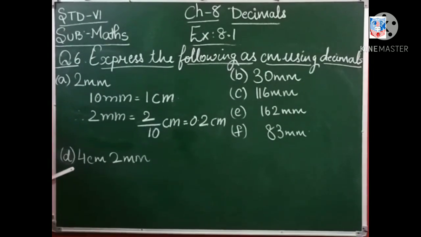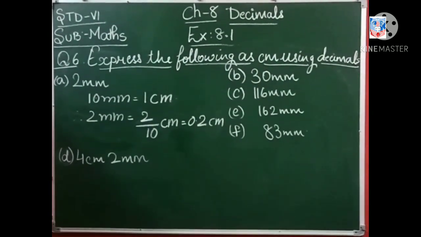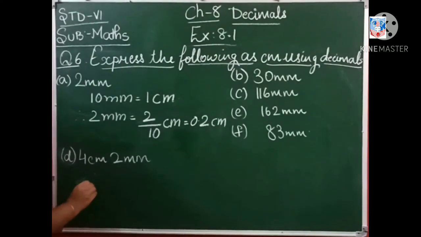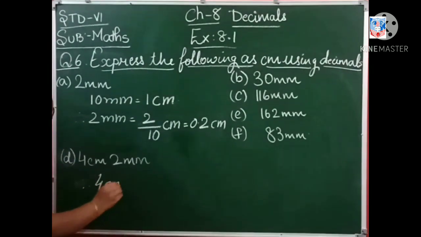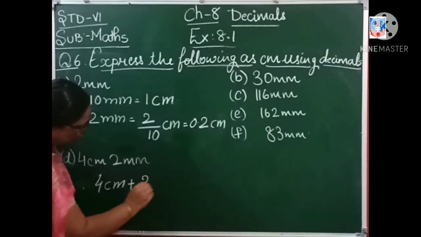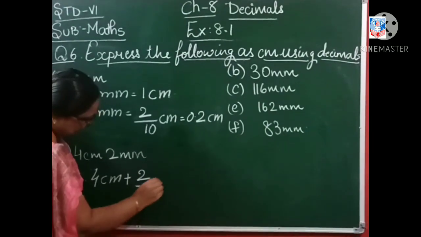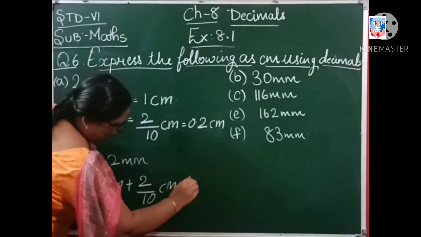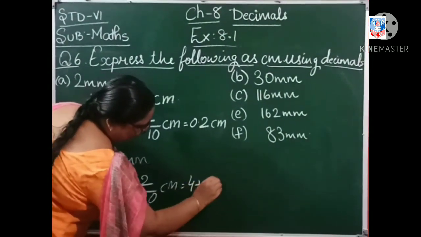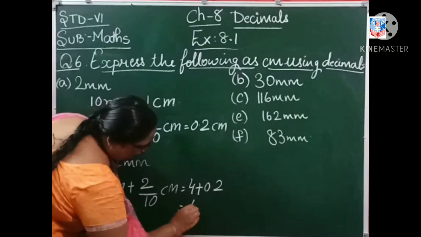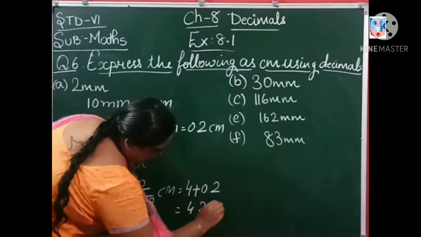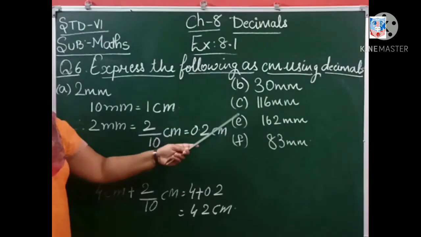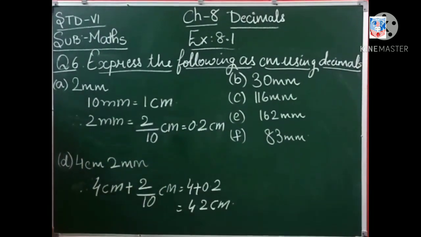Next, 4 centimeter, 2 millimeter. Therefore, 4 centimeter plus 2 by 10 centimeter is equal to, now 4 plus 0.2 is equal to 4.2 centimeter. Now sum number B, C, E and F. This is your homework.